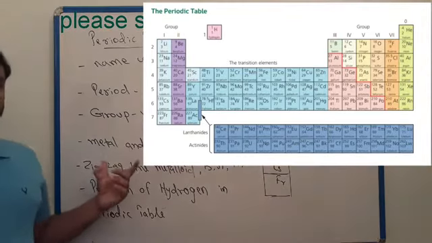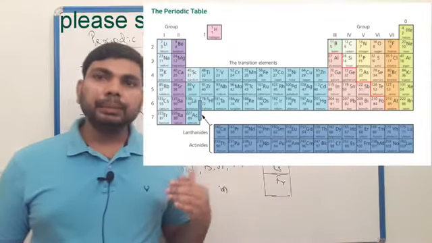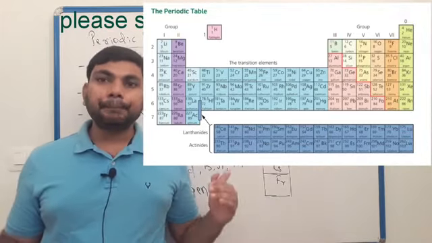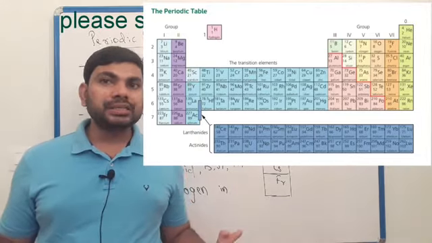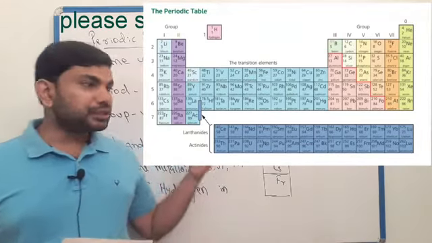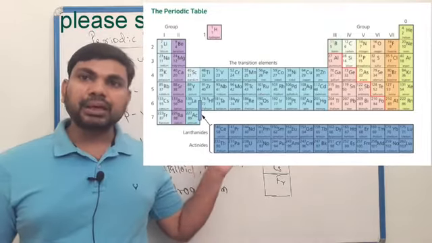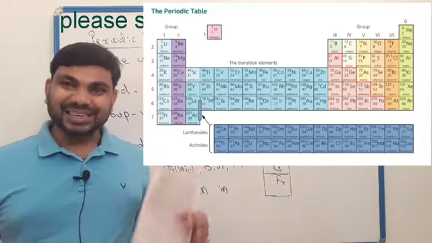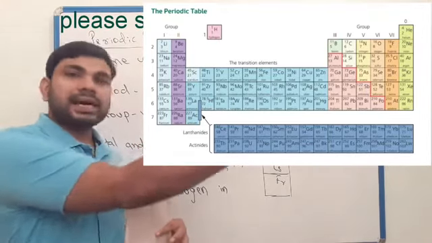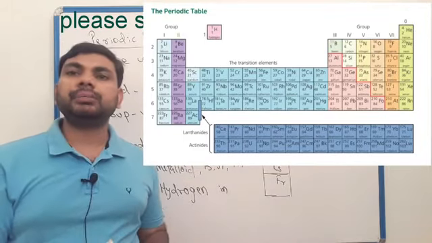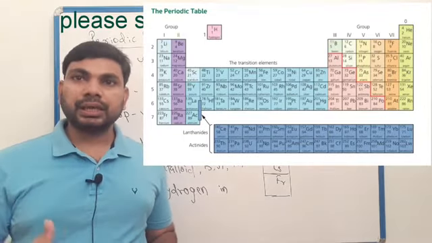Also, next one we have to understand here, in the periodic table we can classify elements as metals, non-metals and metalloids. In the periodic table, the left part is metal, and the right part of the periodic table is non-metal.